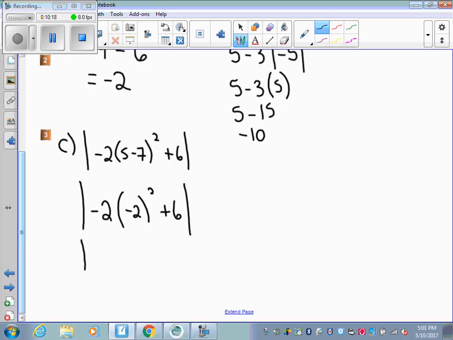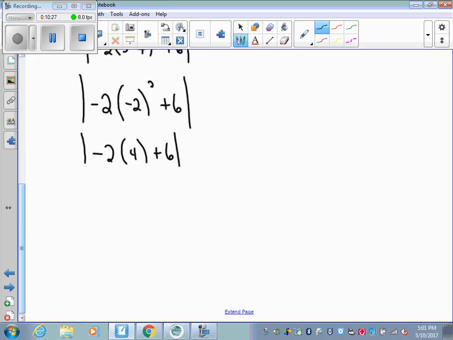Keep going, and I'm showing every single step. Negative 2 squared is 4. I still have my brackets. I only change them at the very final step. Negative 2 times 4 is negative 8. Negative 8 plus 6 is negative 2.